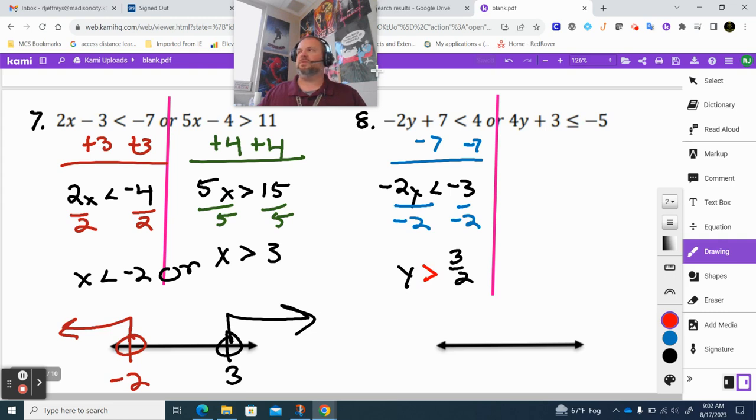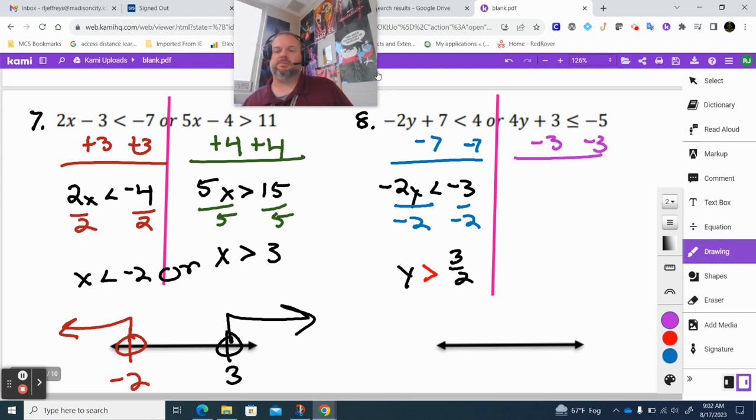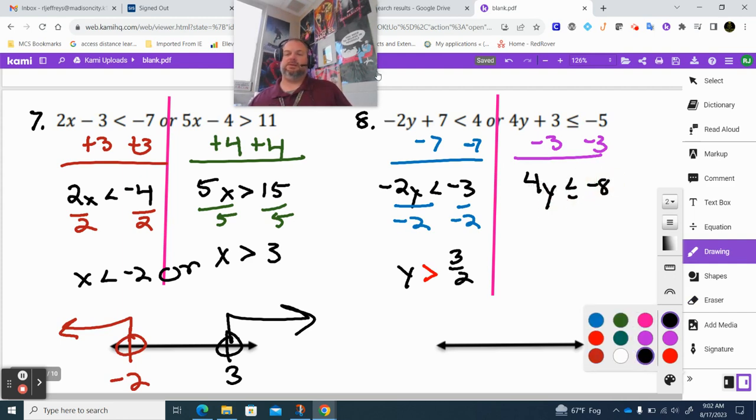Usually when we have the one on the left, the graph goes to the left, doesn't it? The plot thickens. Minus 3, minus 3, 4y less than or equal to negative 8. Then we divide.